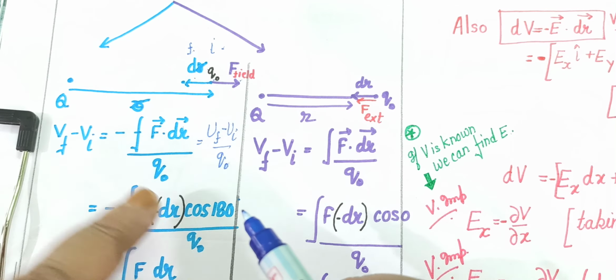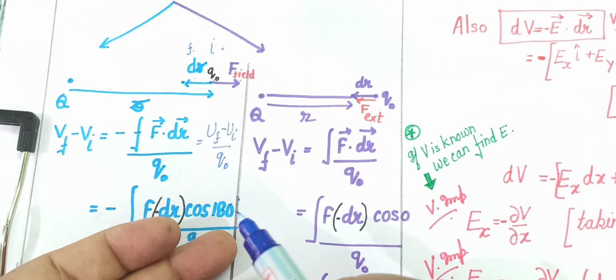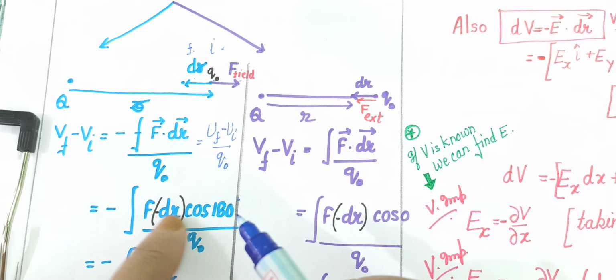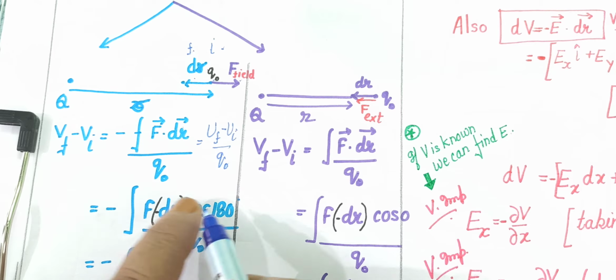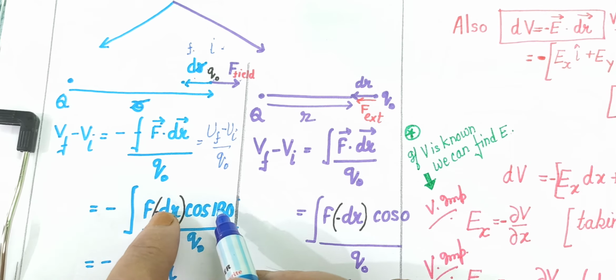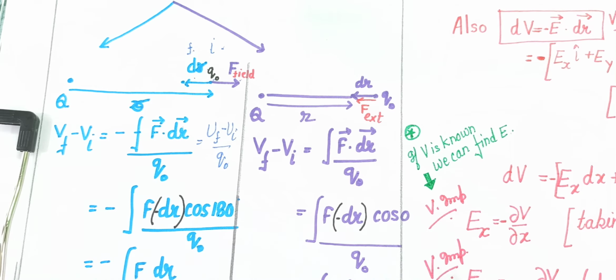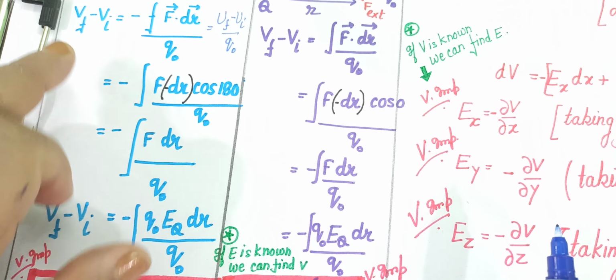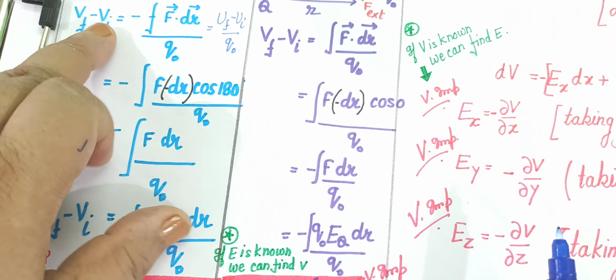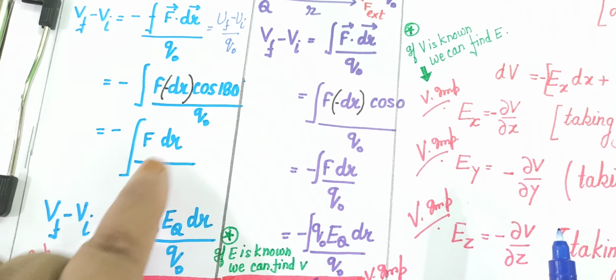But then we found that dr is a negative quantity. So we placed dr as negative quantity. Negative of dr and minus 1 of cos 180, they cancel each other. So we are left with F dr with minus sign. And of course, the potential difference is potential energy per unit charge, so Q naught is in the denominator.